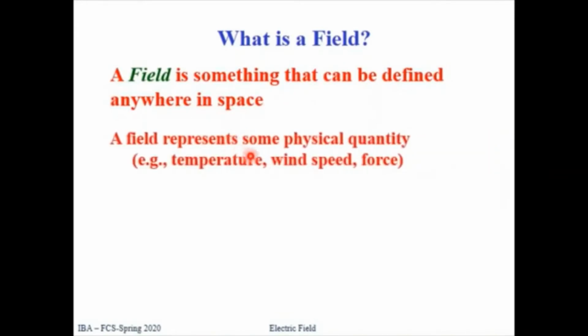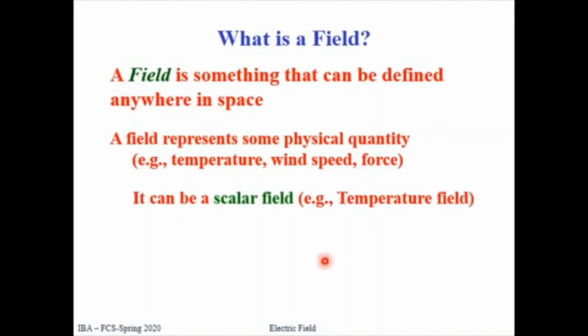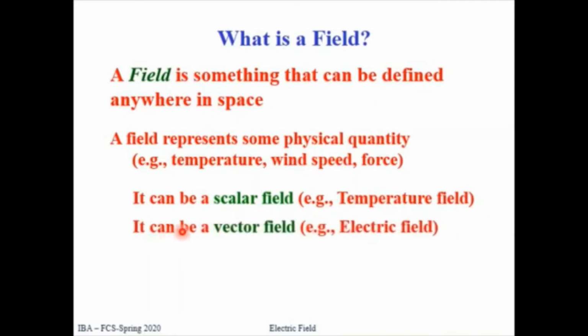A field represents some physical quantity. For example, we can define a temperature field, wind speed field, or force field. We can divide fields into two types. It can be a scalar field, for example a temperature field or pressure field, or it can be a vector field, for example an electric field or a magnetic field.